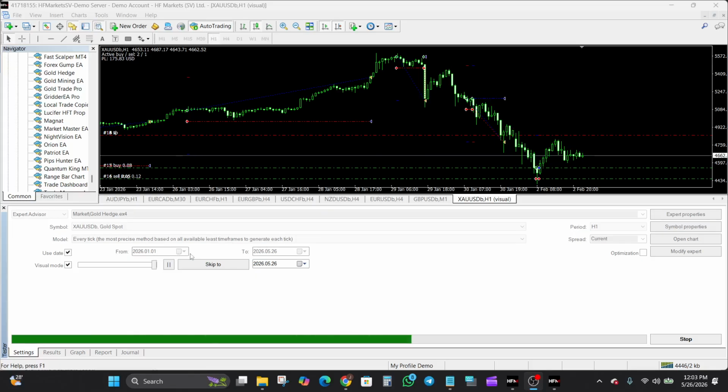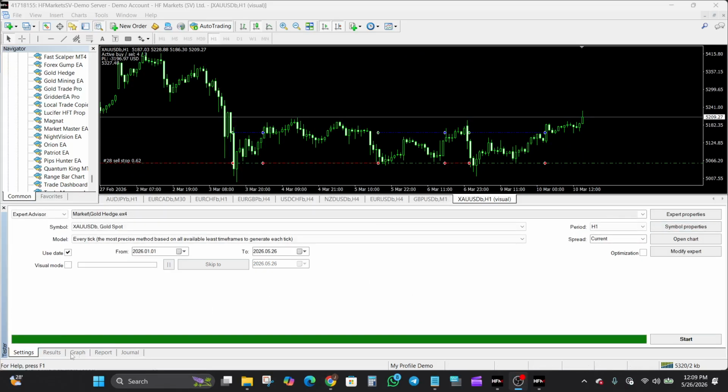And we are conducting the test from the beginning of the year, 1st January 2026 till date, so that we can get reasonable data for the backtesting. I recommend that you even test it over a longer period of time so that you can get a more comprehensive result.